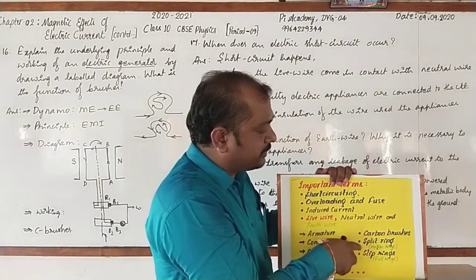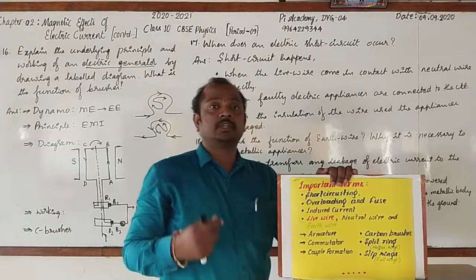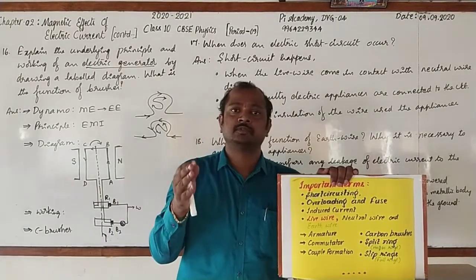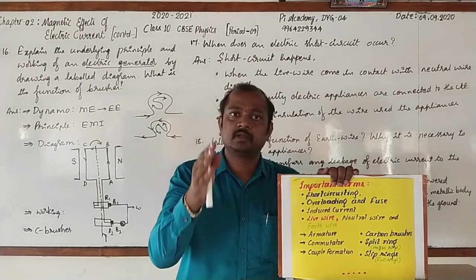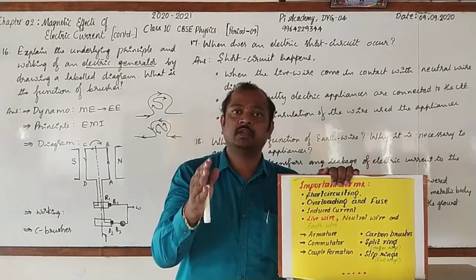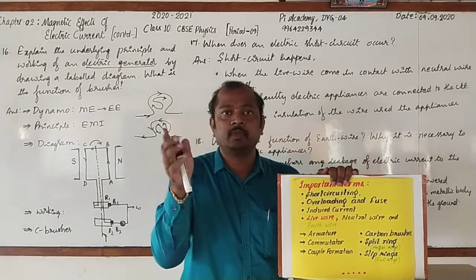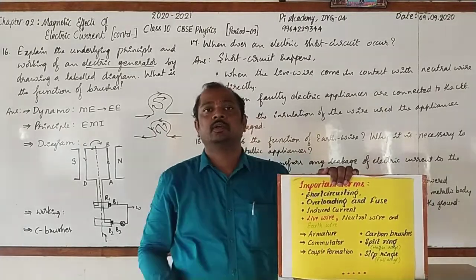Next, carbon brushes. We know that the function of carbon brushes, they are nothing but carbon plates. They are good conductors of electricity, but their function is different in dynamo and motor.